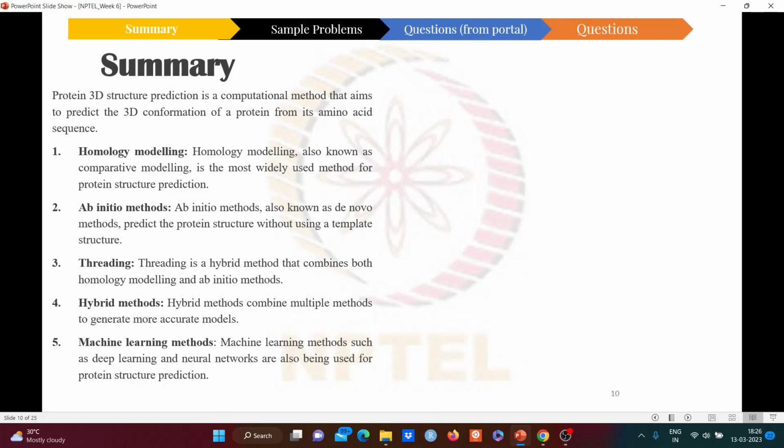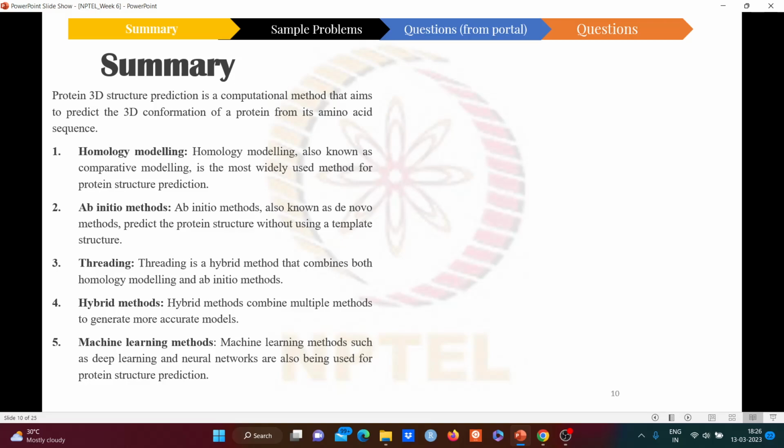Then it gives us the possible aligned hits from PDB to our input sequence, and this aligned template can be used for homology modeling.